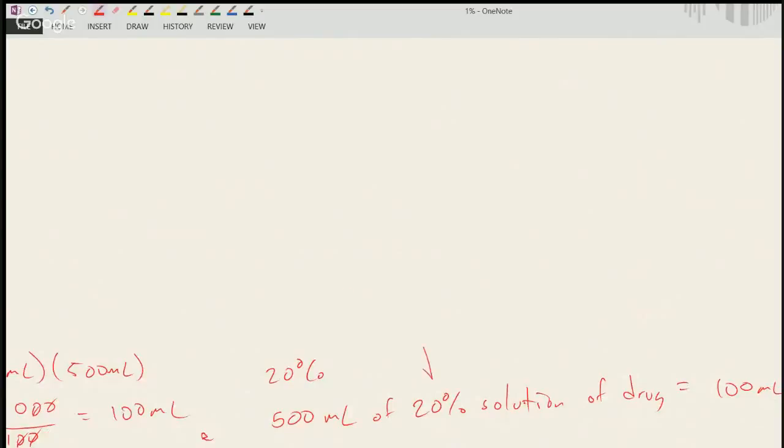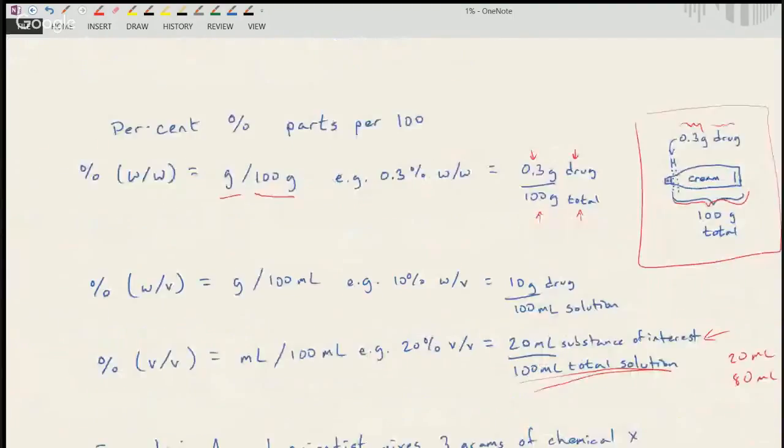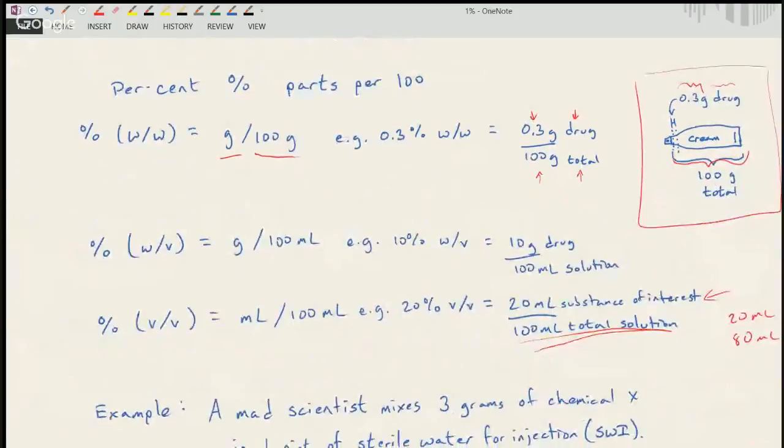That is what is meant by 20%: 20 mLs per 100 mLs. And that's 20 mLs volume per volume. So let's look at some examples.